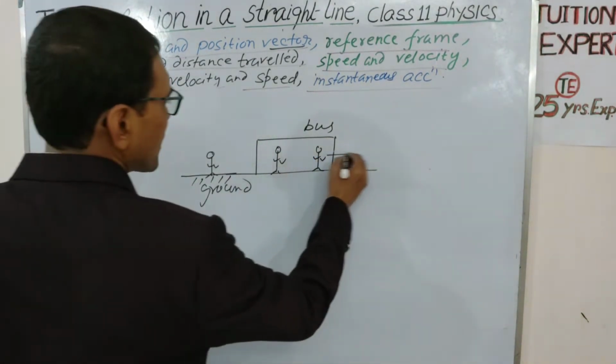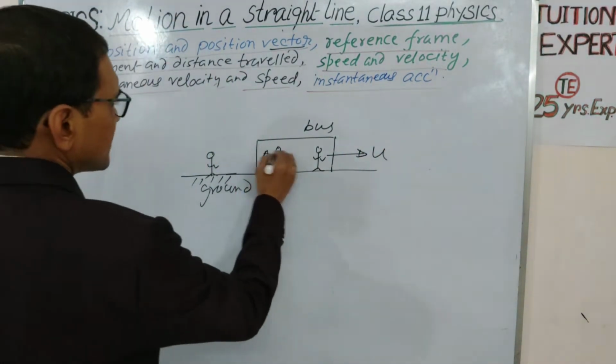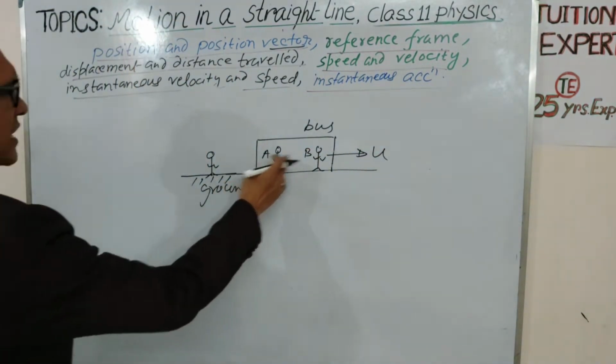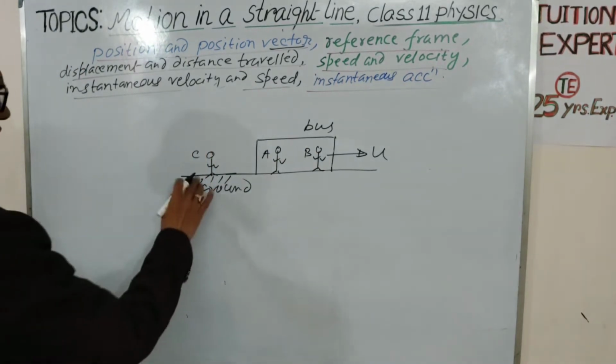Suppose this bus is moving with a velocity, and two men A and B are in the bus, and another person C is on the ground.